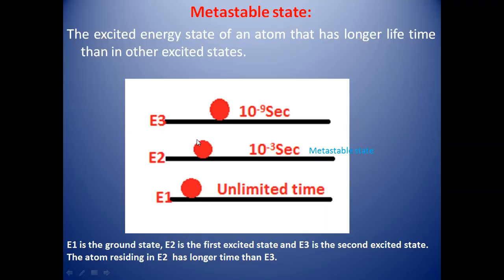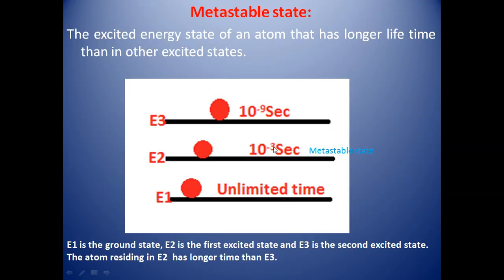In the E2 state, suppose the atom resides for 10 power minus 3 seconds. Suppose that in E3 state it is residing for 10 power minus 9 seconds. Now, if we compare these two excited states, the atom is staying longer time in E2 state compared with E3 state.